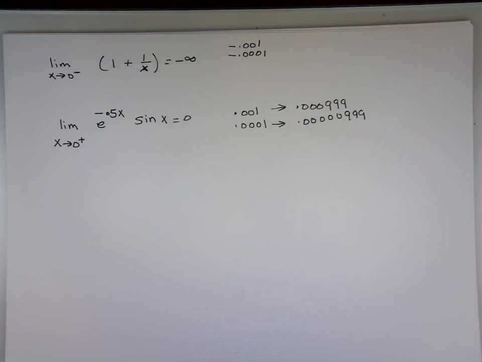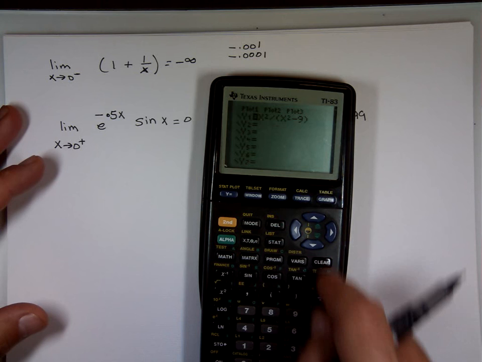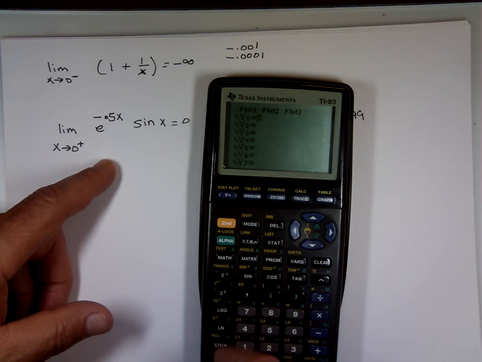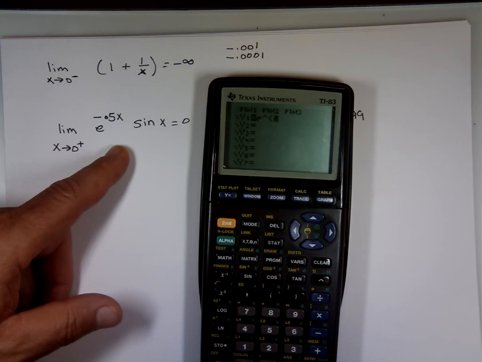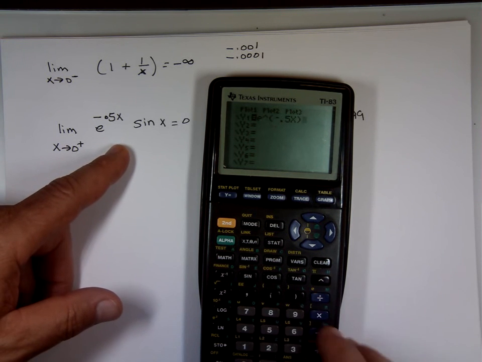If you graph this function, actually, let's see what the graph is. I think it's actually a neat picture. Negative 0.5x sine of x.